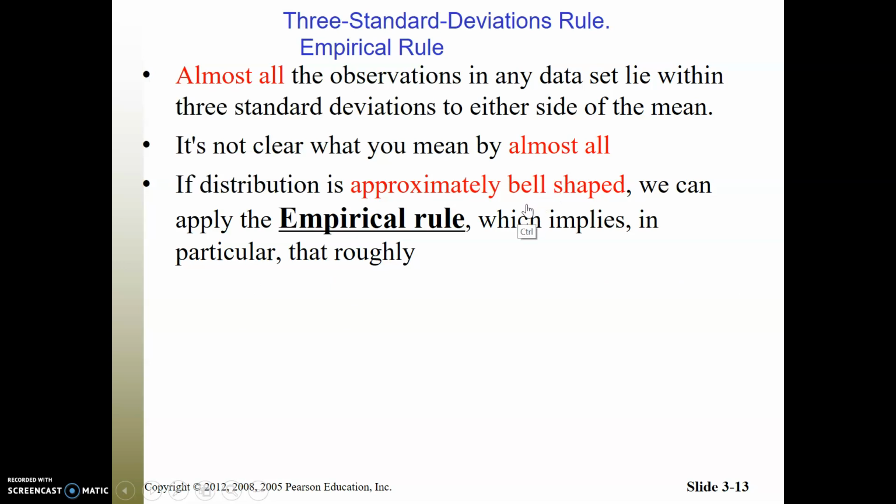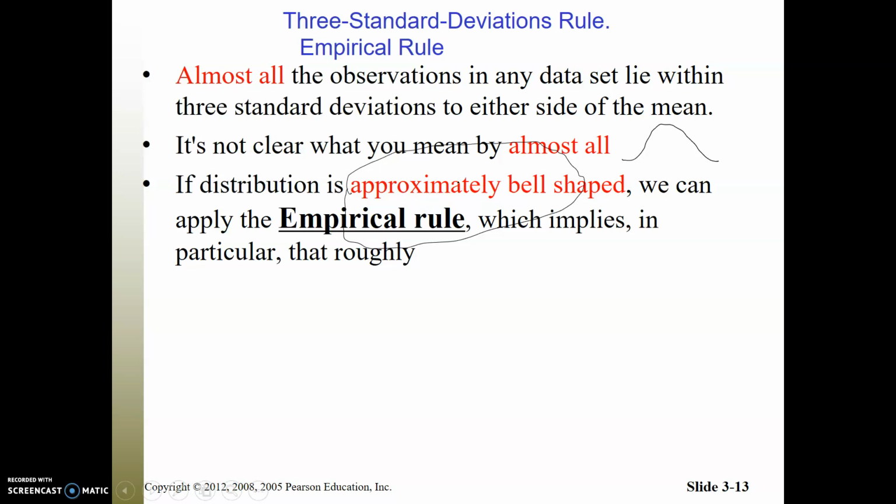I hope you remember what the bell shape was. This was the bell shape, like this. This is the mound shape or a bell-shaped distribution. You can apply this empirical rule to a bell-shaped distribution, right?